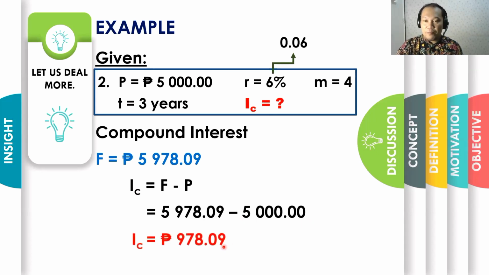Therefore, our compound interest is 978 pesos and 9 centavos. This is the compound interest earned after 3 years with a nominal rate of 6%, compounded quarterly.